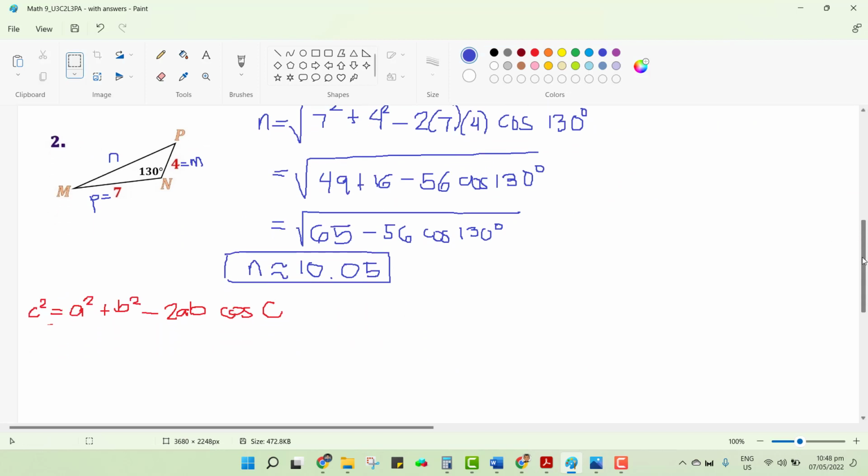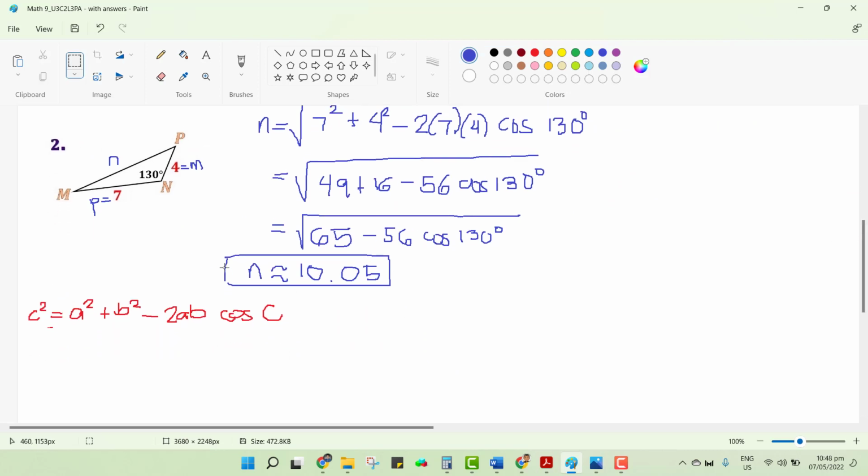And then instead of ABC, what we need to get first depends on the larger side, so let us solve this angle first.